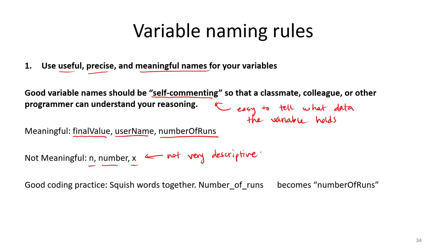You want to make your variables descriptive and easy to follow. Another good practice is if you have a variable with a slightly longer name, you can squish the words together. For example, number of runs becomes numberOfRuns. And notice you can capitalize the first letter of the squished together words.